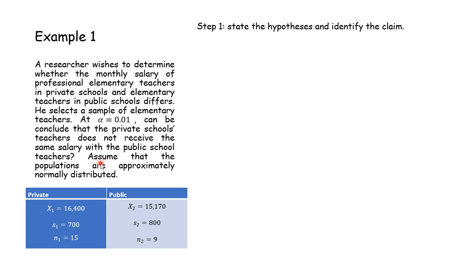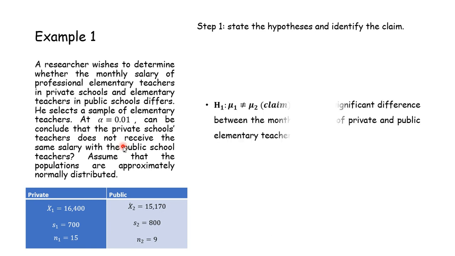So yung pinakatanong dito is does not receive the same salary. So ibig sabihin po niyan, pag does not receive the same salary, ibig sabihin they are not equal. Okay? So meron pong pagkakaiba. So ang magiging claim natin dito on the first example will be the alternative hypothesis. And the sign that we will be using is not equal.